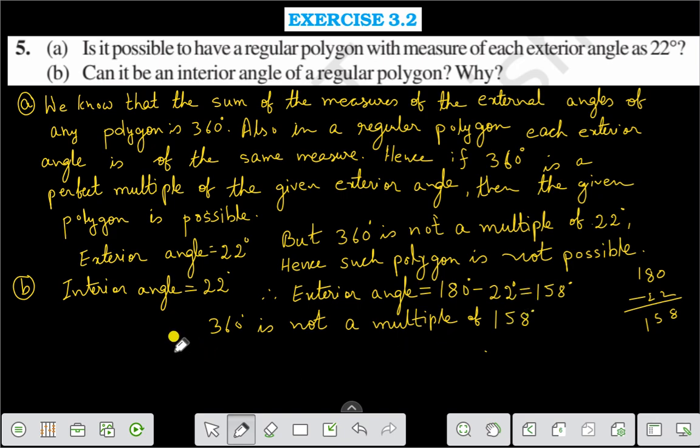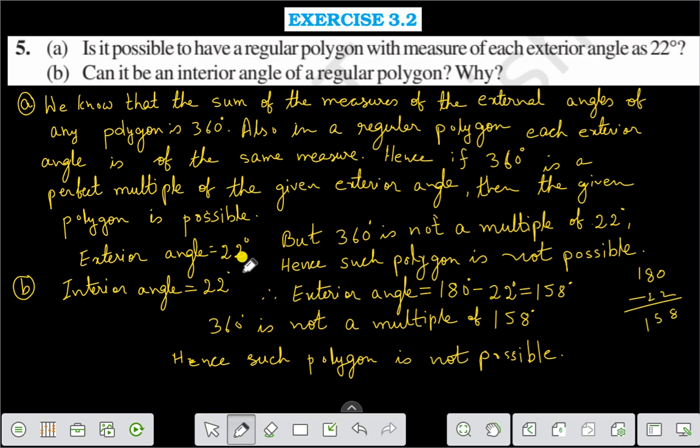Therefore, you can say such a polygon is not possible.